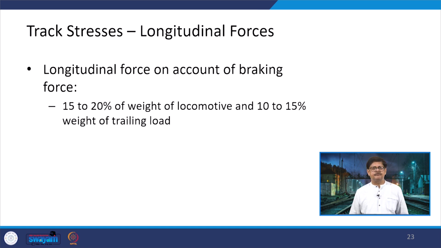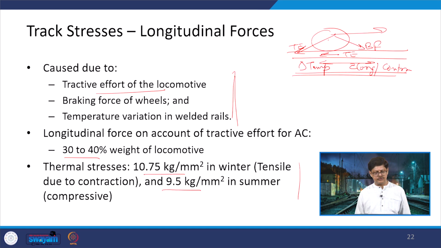Then another thing is 15 to 20% of the weight of the locomotive and 10 to 15% of the weight of the trailing load is what is being taken on account of the braking force. So, thermal force we have talked about, then we have also talked about the braking force, and in the case of tractive effort we have also looked at.